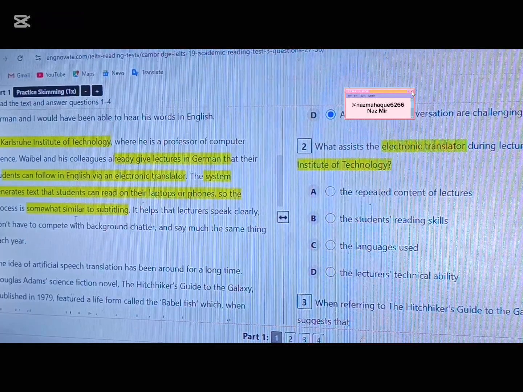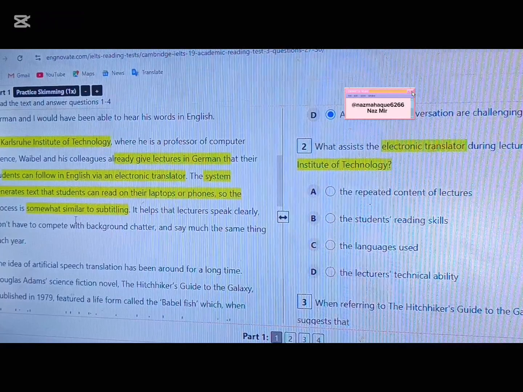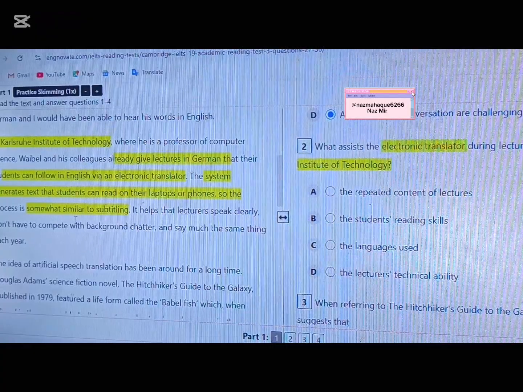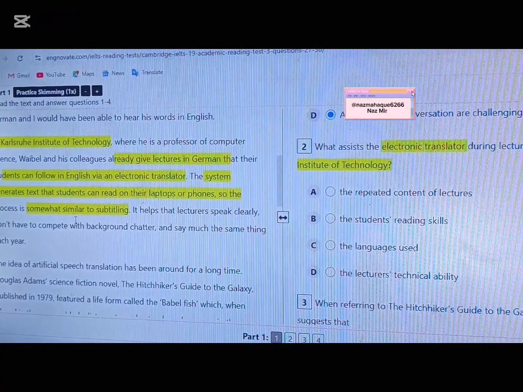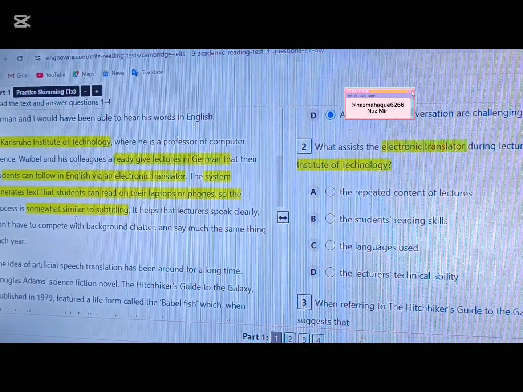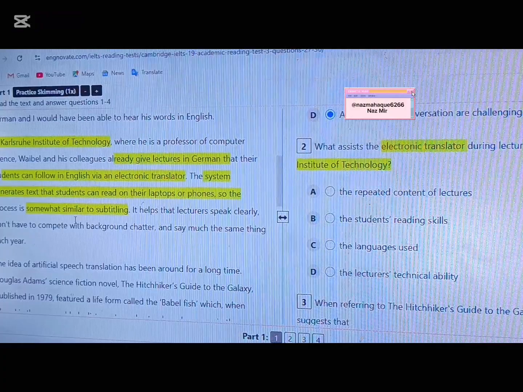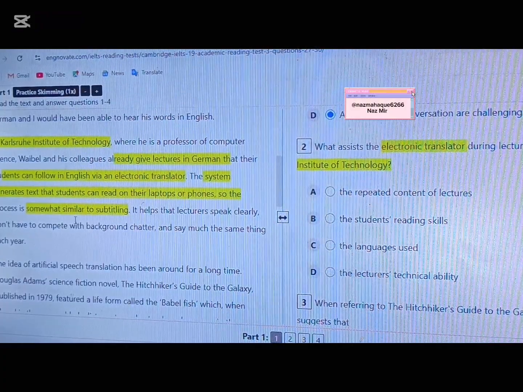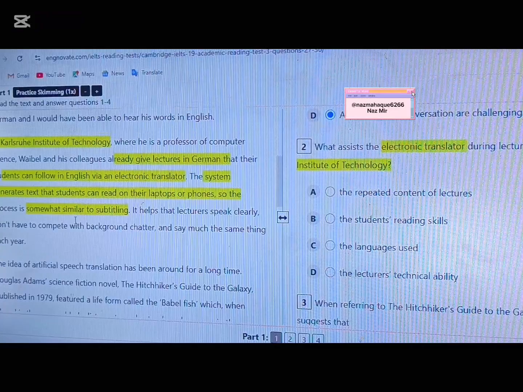As you guys can see, it's in the first line, and also in the next line, you can see that Weibel and his colleagues already give lectures in German. So both of them are giving their lectures in German so that their students can follow in English via an electronic translator. So they are giving their lectures in German, but their students are following in English.